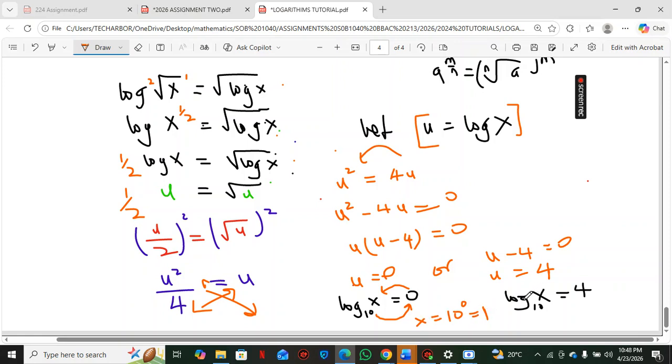Then for this one, log base 10 of x equals 4. If we multiply 10 by itself 4 times, what value are we going to get? So x equals 10 to the power 4. 10 to the power 4 is just 10 times 10 times 10 times 10, multiplying 10 by itself 4 times.